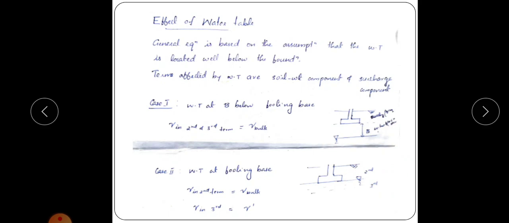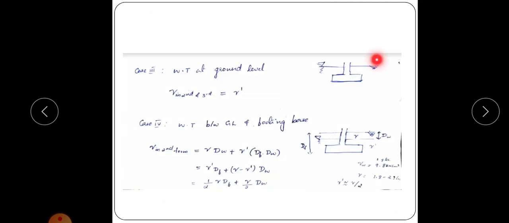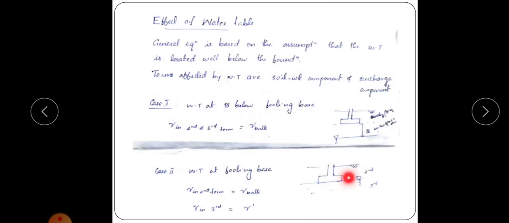That is, if the water table is at ground level, the whole component will be in submerged condition. So in the second term and also in third term, the unit weight will be submerged unit weight gamma dash. And if water table is at footing base, the unit weight in the third term will be gamma dash, and in second term will be gamma itself. Okay, that is the case.